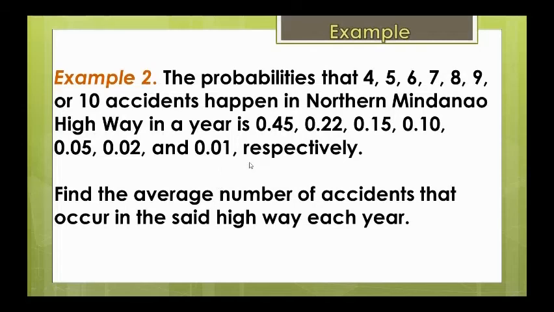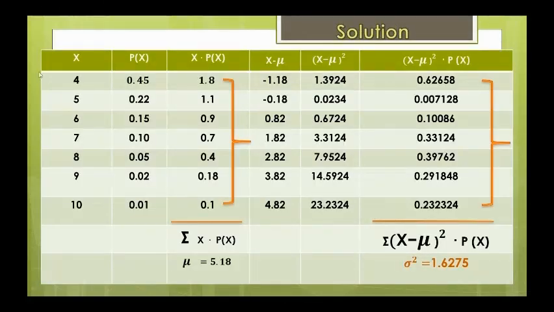So, gagayahin na natin. We'll just follow the steps na ginawa natin kanina sa example number 1. Napansin nyo, yung probability dito is in decimal form. So, isusulat lang natin in the table lahat ng mga given.